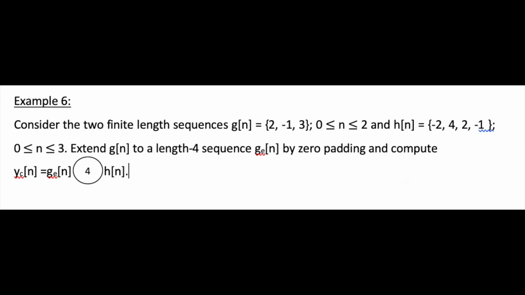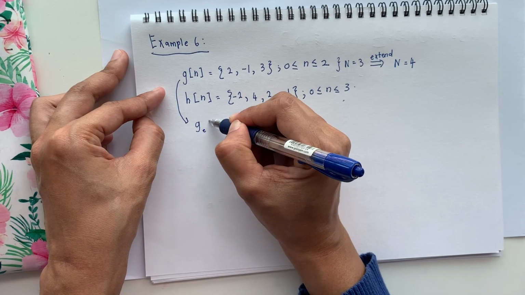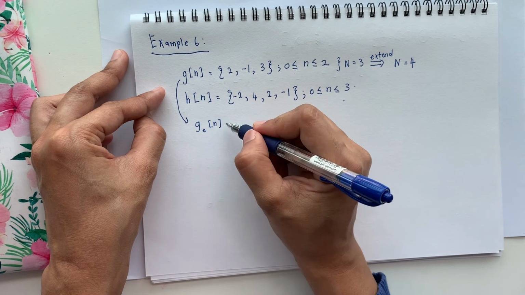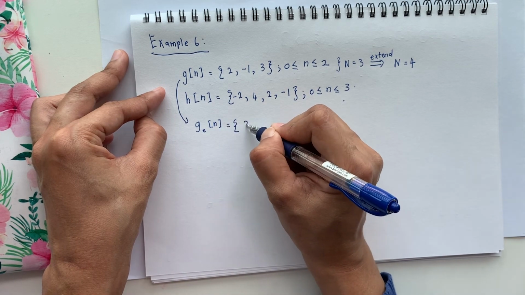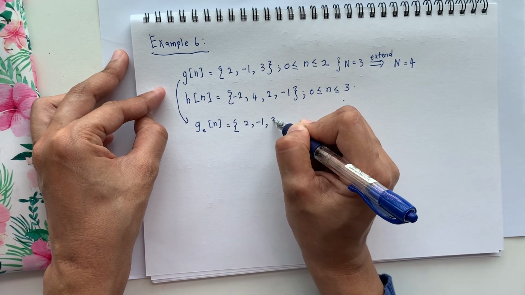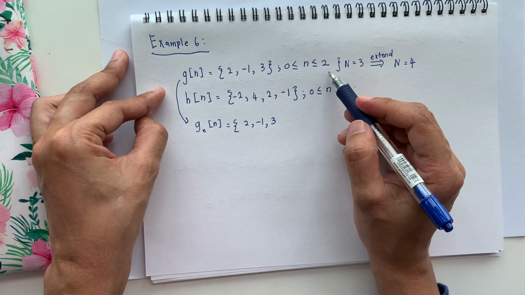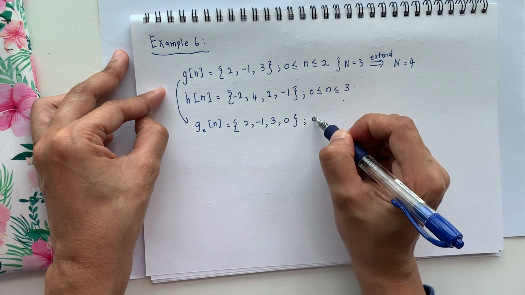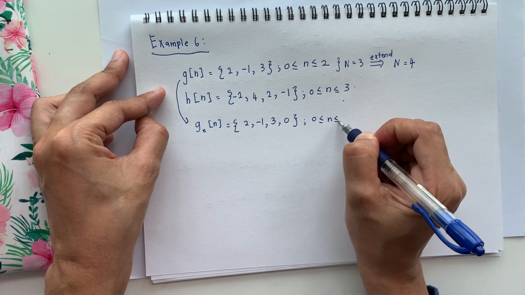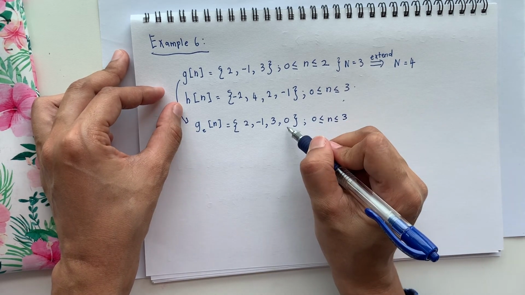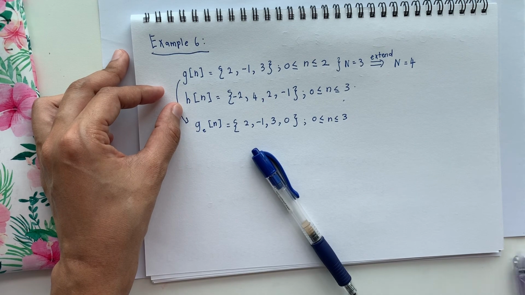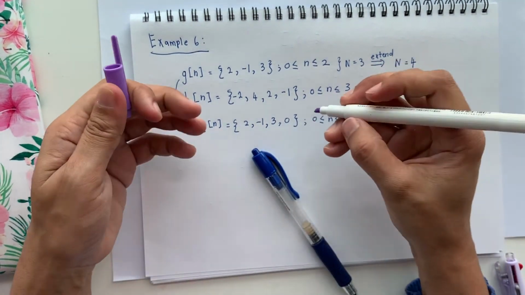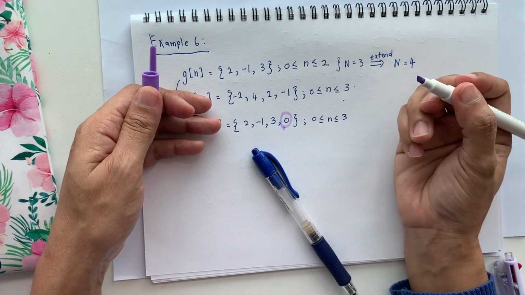Means your new Gn, which is Gen, is equal to 2, minus 1, 3. When n equal to 3, the value is, so the range is from 0 to 3. Why do we just have to add 0 at n equal to 3?